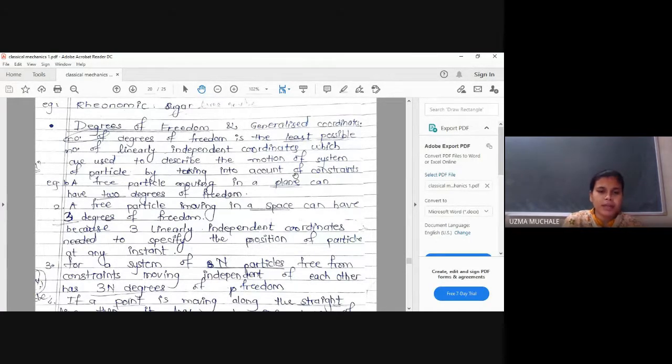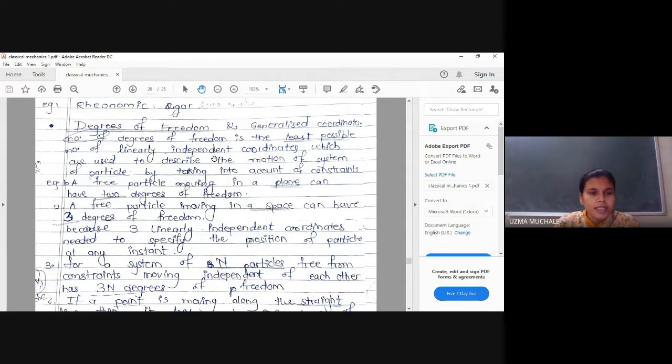Here 1 1, 0 1, 1 0 are linearly dependent, right? And if you take only two, like 1 1 and 0 1, or 1 1 and 1 0, or 1 0 and 0 1, we can say it is linearly independent. Or in another way, it is the least possible number of linearly independent coordinates.